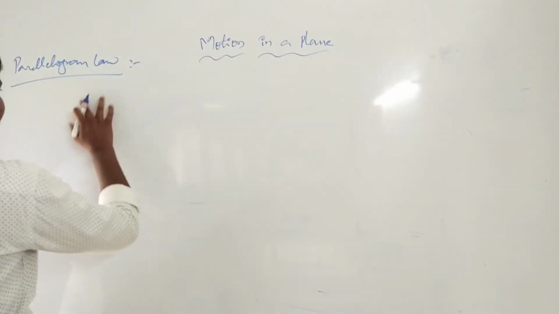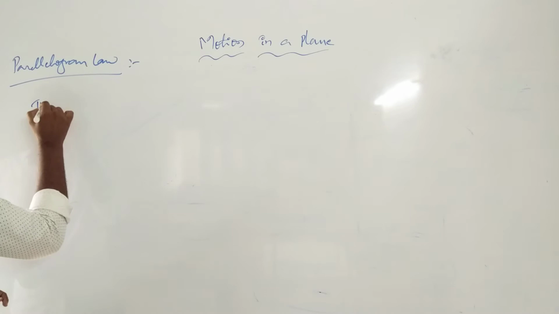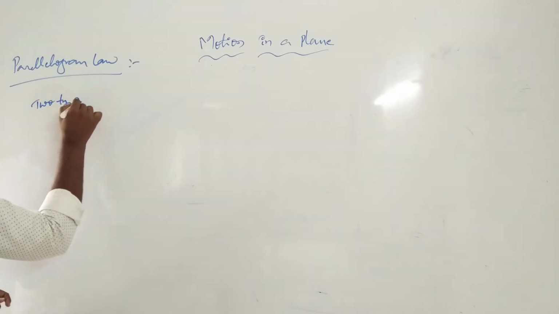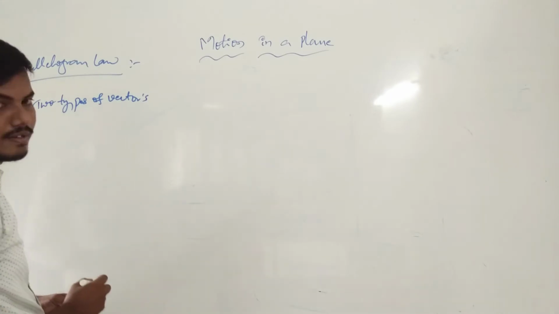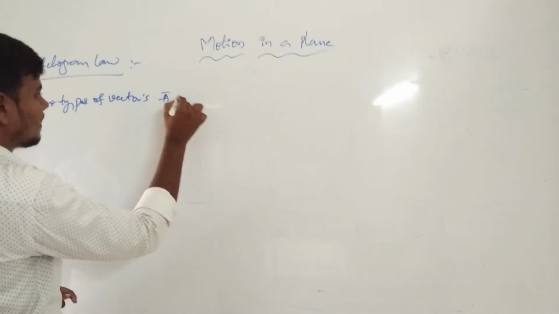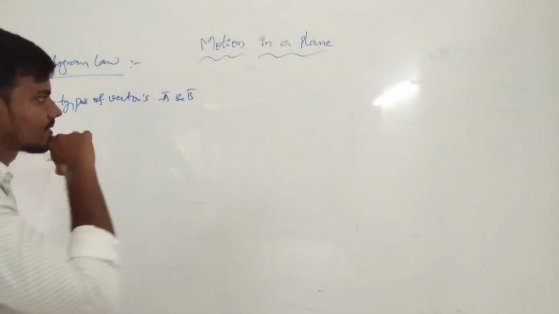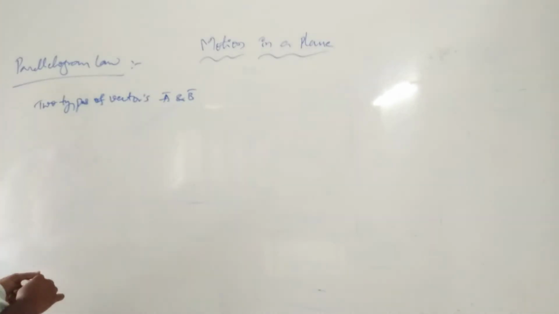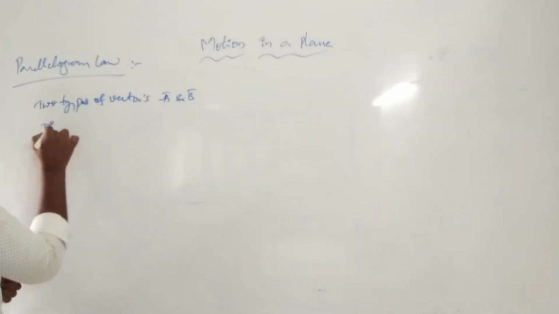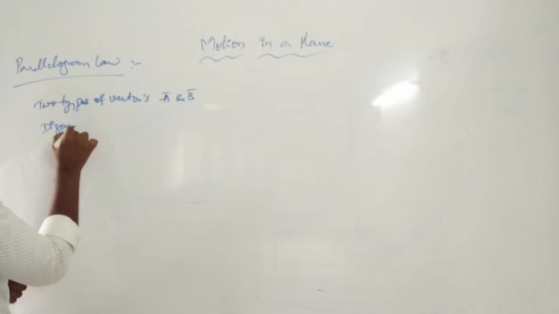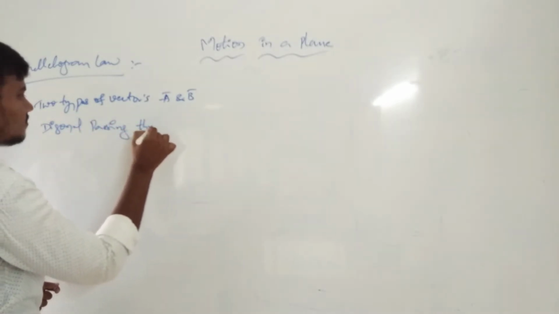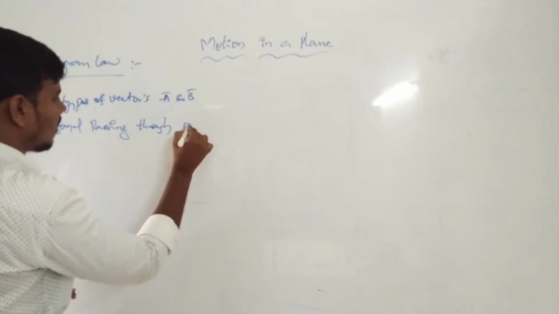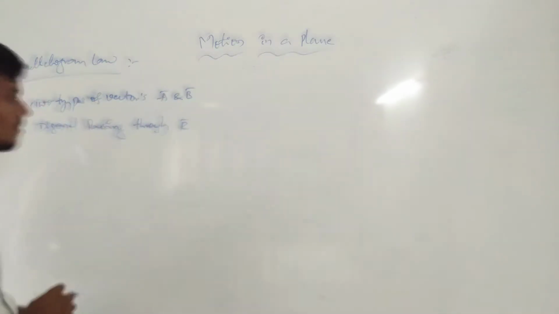So in the parallelogram law statement, there are two types of vectors, and we mainly use the A bar and B bar vectors. The diagonal passing through is R bar.